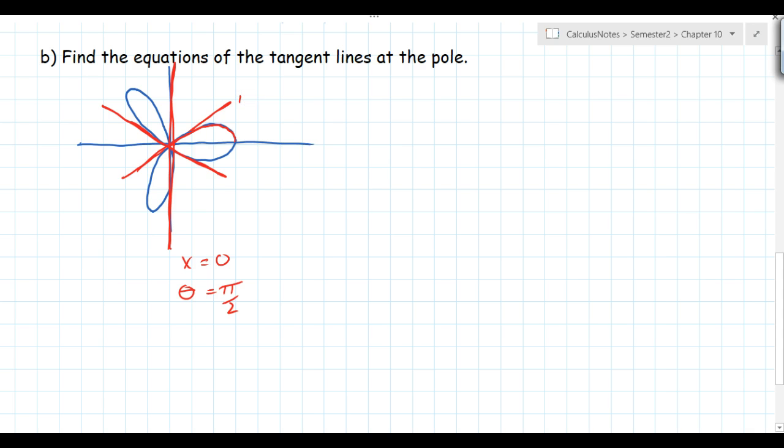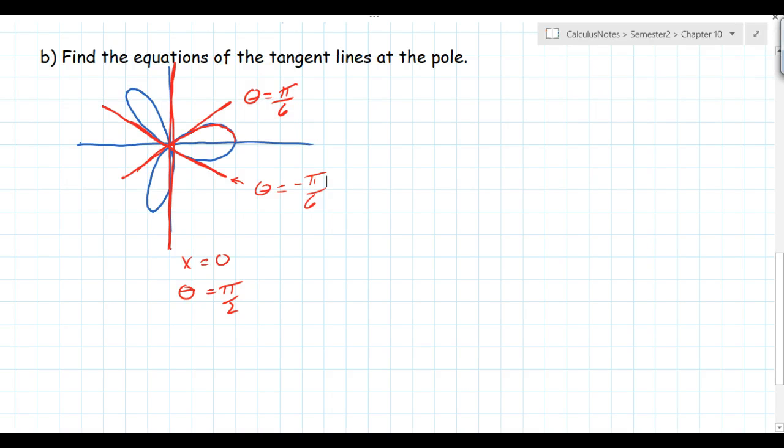In polar, the equation would be theta equals pi over 6. Now we see that writing them in polar is a lot easier, because if we just find the angle that it takes to get us back to the pole, that is the same as the equation of the tangent line there. And what would the third one be? Theta equals negative pi over 6 is one way to get there. So those three all work.